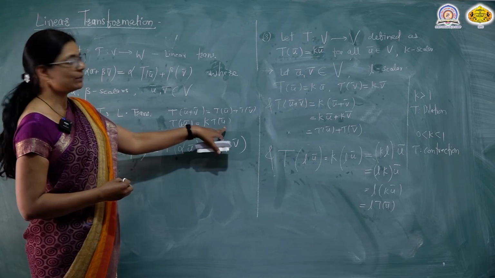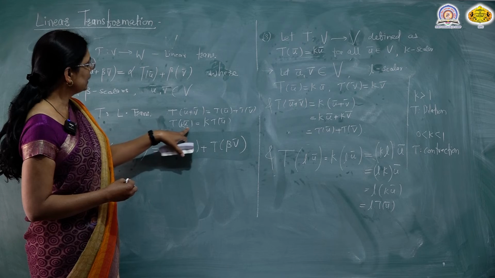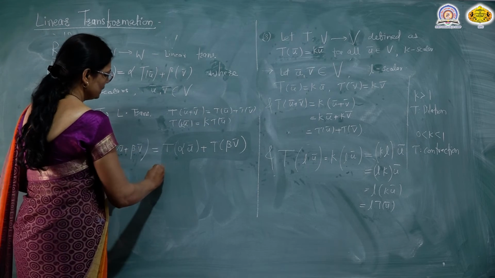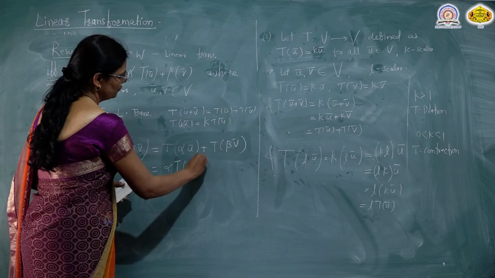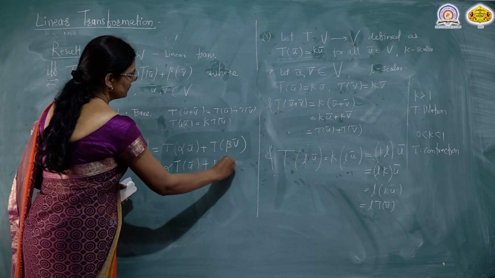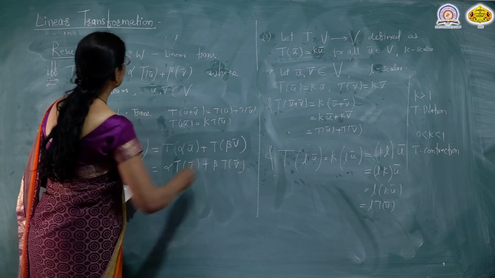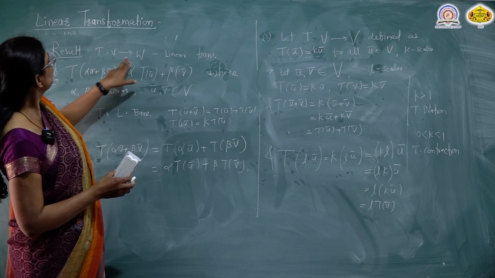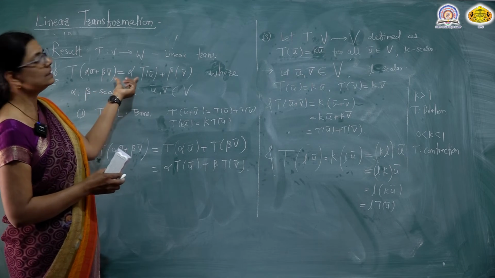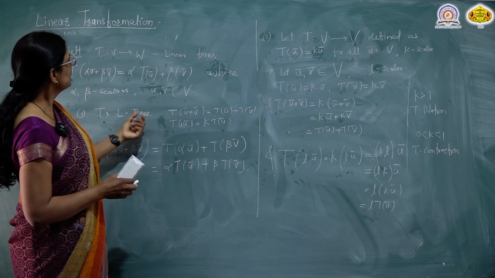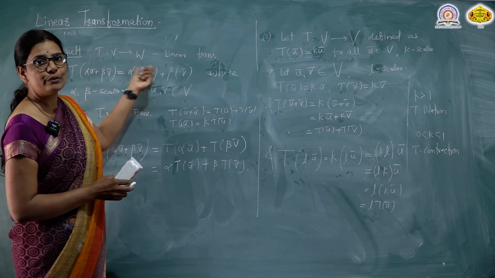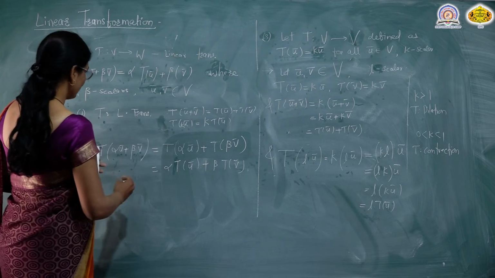Now then use the second property, T of k u equals k times Tu. So it is equal to alpha times T of u bar plus beta times T of v bar. Okay. So thus if T is a linear transformation, then this property holds. Now conversely, suppose this property is true, now we want to prove that T is a linear transformation.